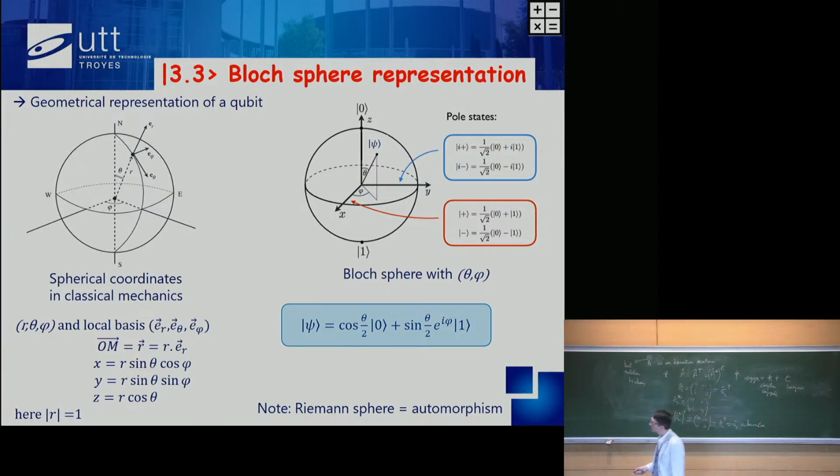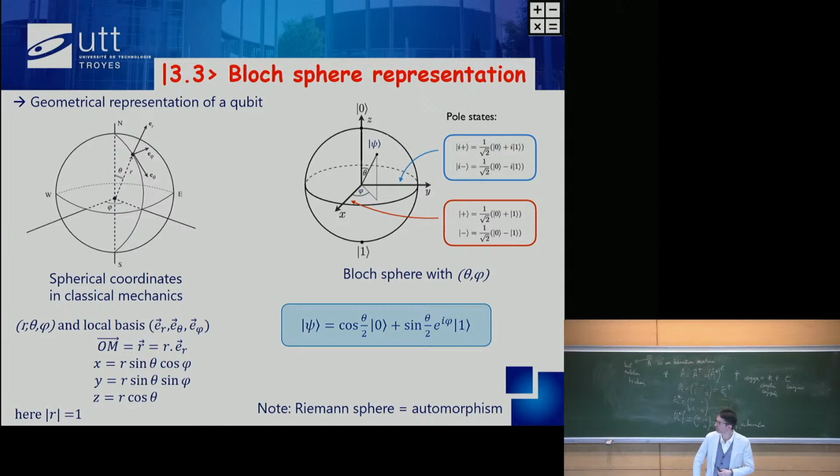And you can show that any state of a qubit can be represented on this sphere. That's what we call the Bloch sphere, where in this case the north pole is the 0 state of the qubit, and the south pole is the 1 state of the qubit.